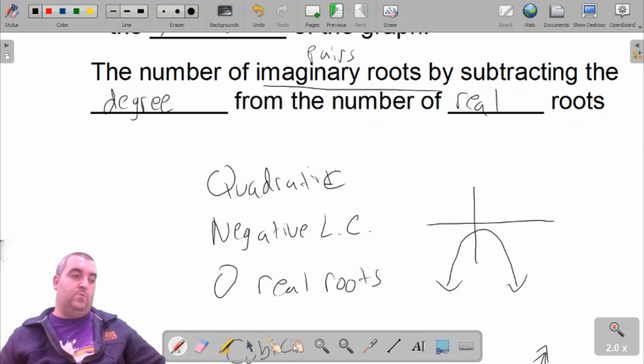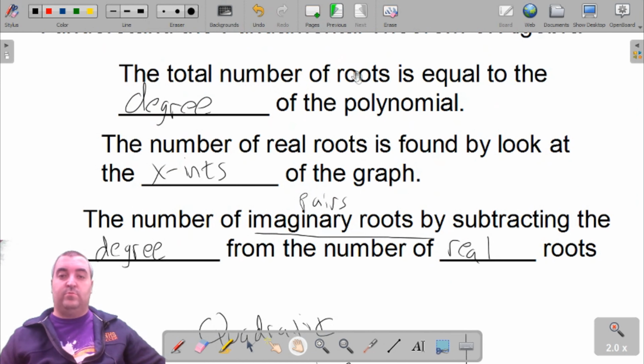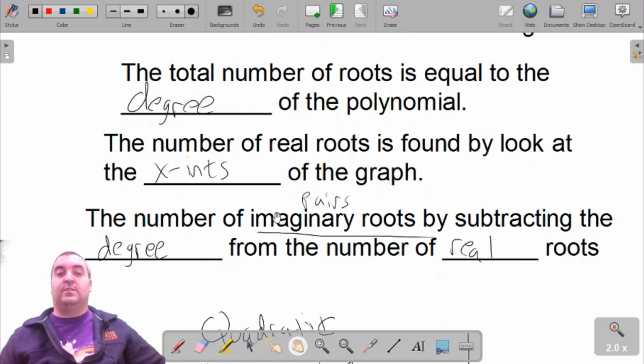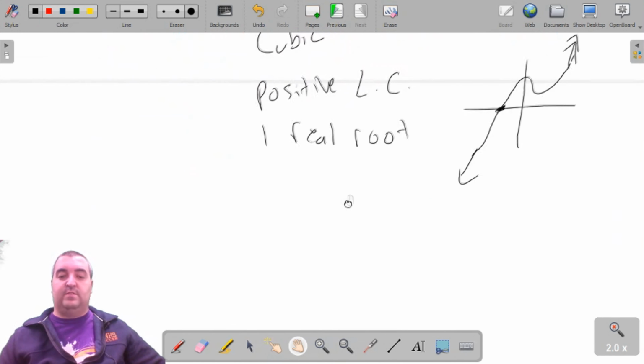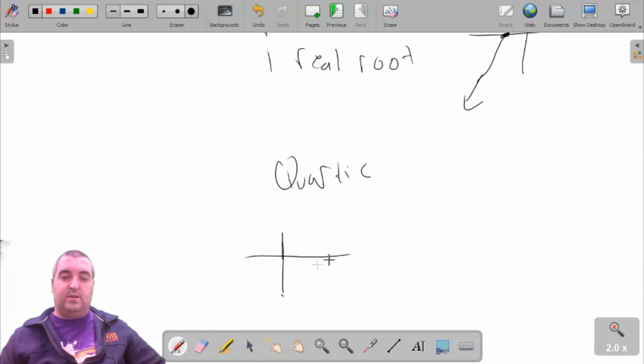Okay. So if I tell you the degree, you then know that there's that many roots. Looking off the graph, you can find the number of x-intercepts. That's the real roots. And then whatever would be left over would be your imaginary roots. So if I gave you a graph, let's say I told you this was a quartic, and the graph looks something like this.